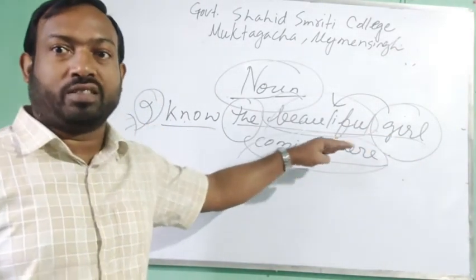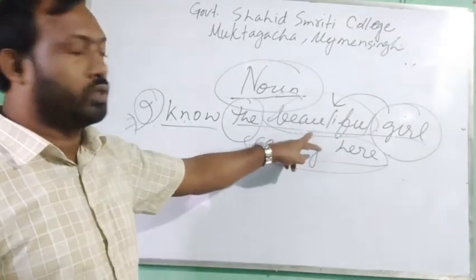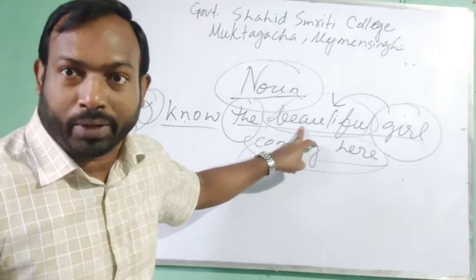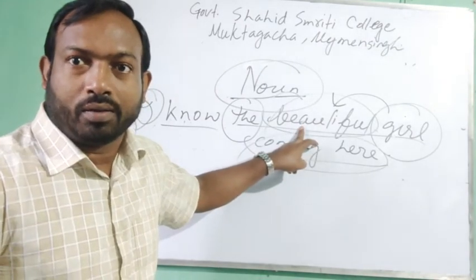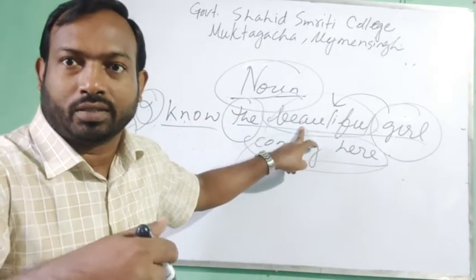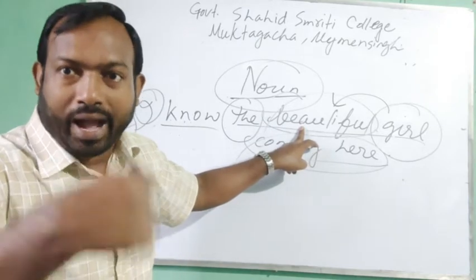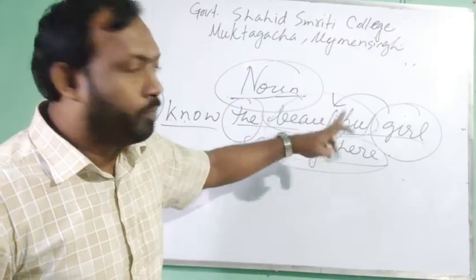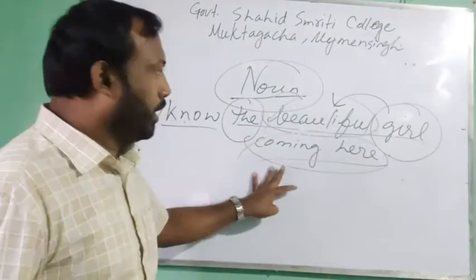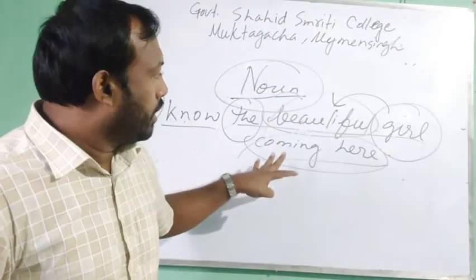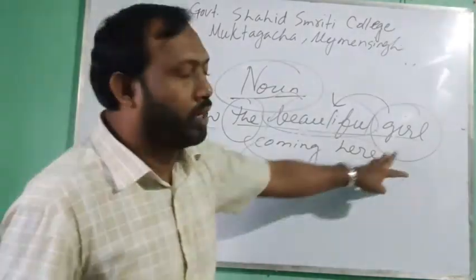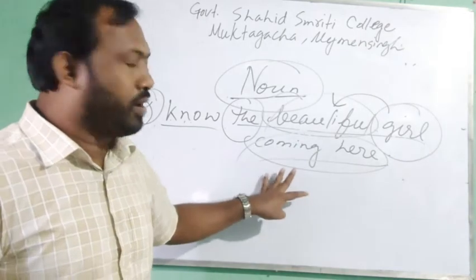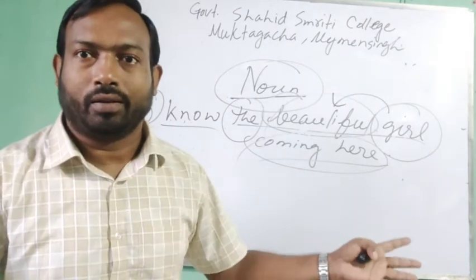Pre means previously, before. So here the word beautiful has been placed before the noun girl, and coming here is placed after the noun girl. So beautiful is pre-modifier, and coming here is post-modifier.